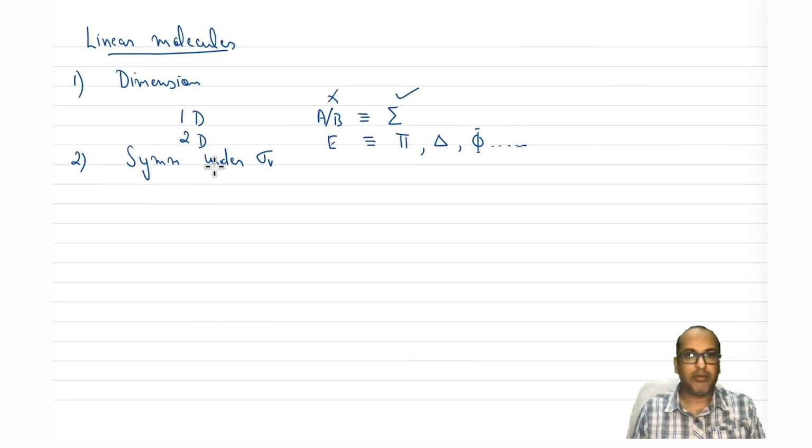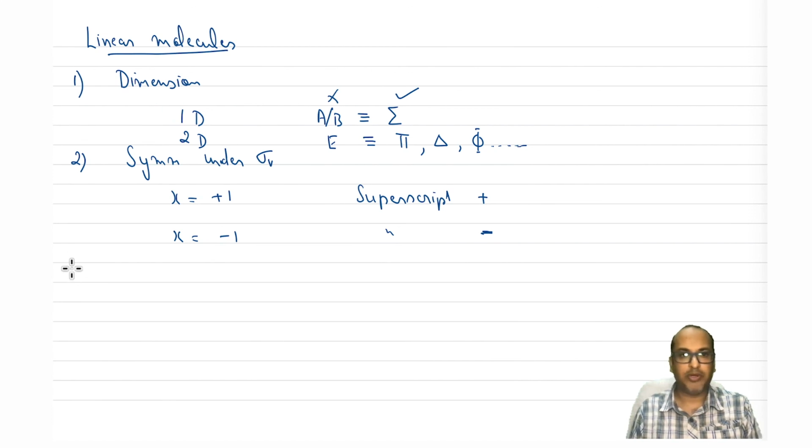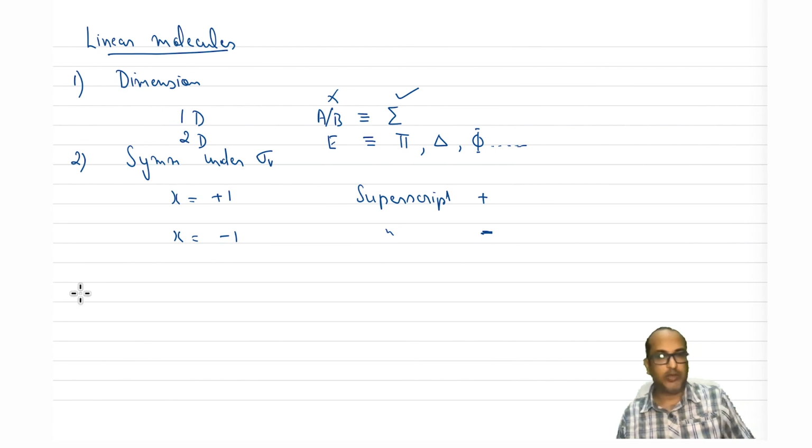So here, if the character is +1 or -1, positive or negative, it takes a superscript plus or superscript minus instead of subscript 1 or 2. That's the only difference. The rest of the rules remain the same for these molecules also. So this defines the complete character table.